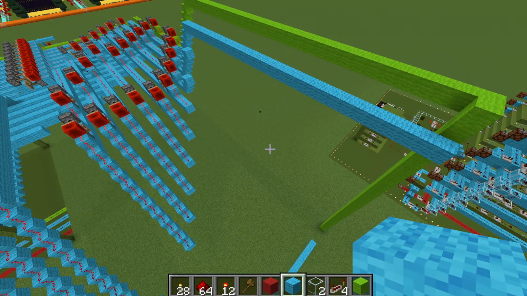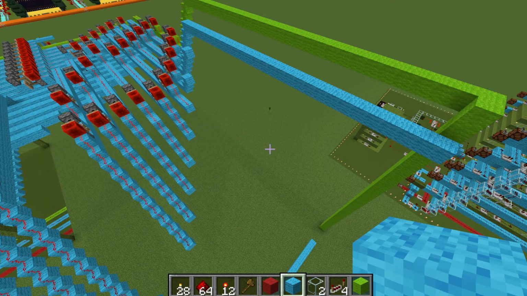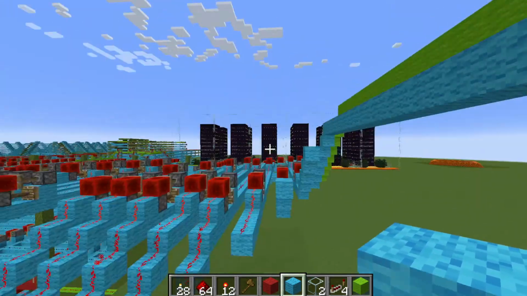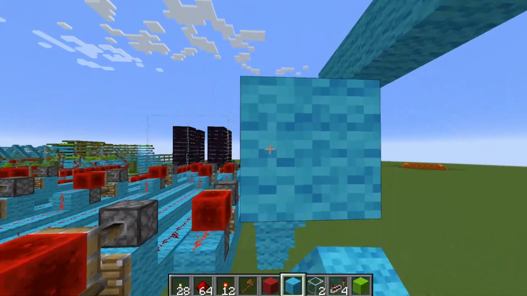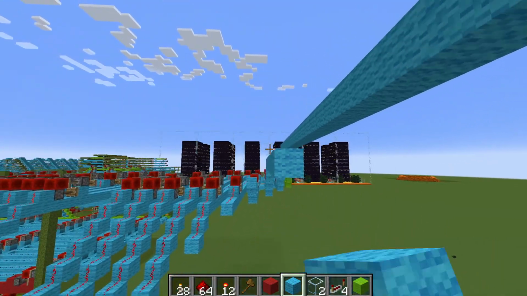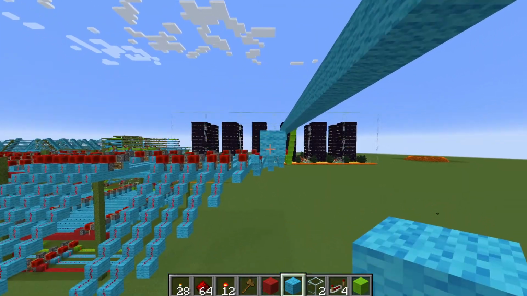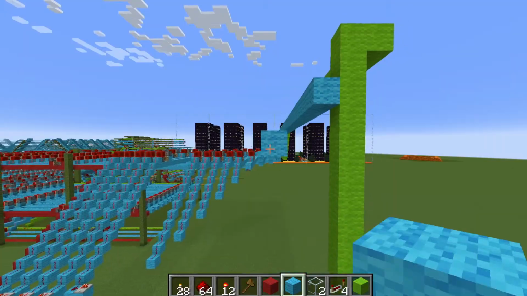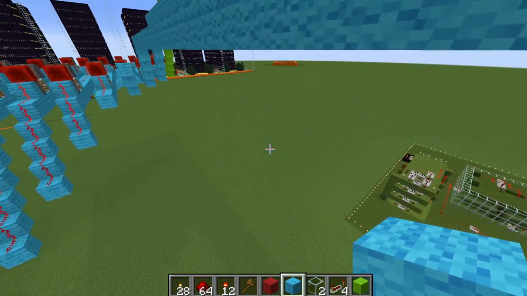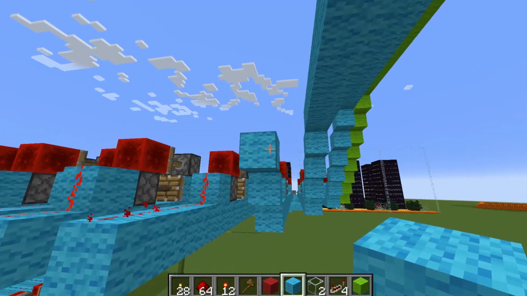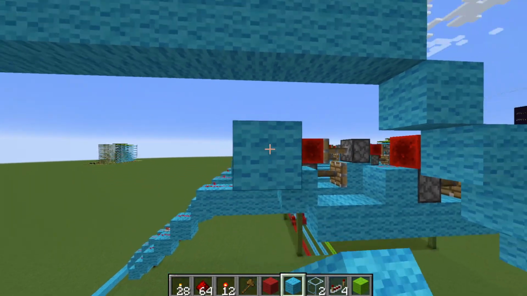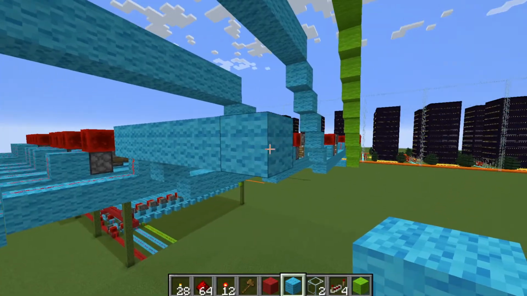How am I going to layer this all up? This is a real problem. So let me think. Yeah, so I think I know what I'm doing now. I think if I do it like this, well, you'll see in a second. Like this.